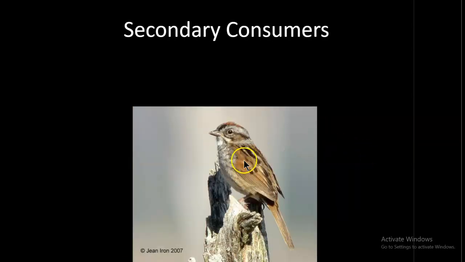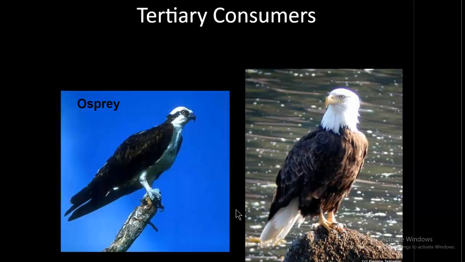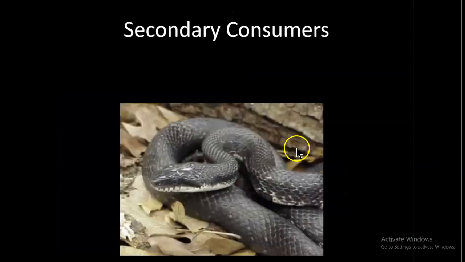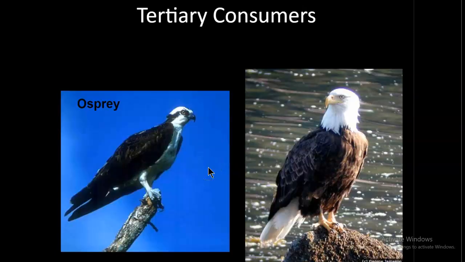And this is a secondary consumer because it's probably going to eat worms and termites and stuff like that, who would have eaten plants. So these are more tertiary consumers, these two birds. They would probably eat this little bird or this snake, right? Because they're the top head honcho in this little ecosystem.